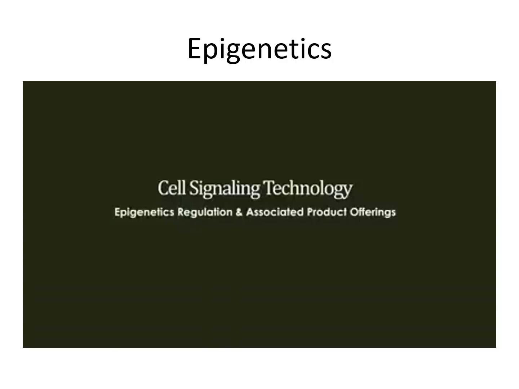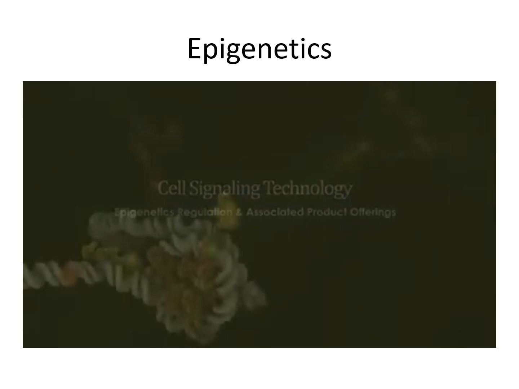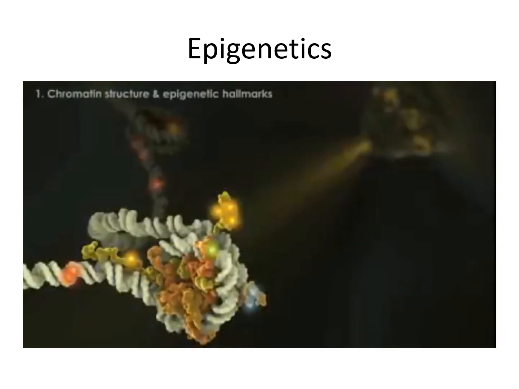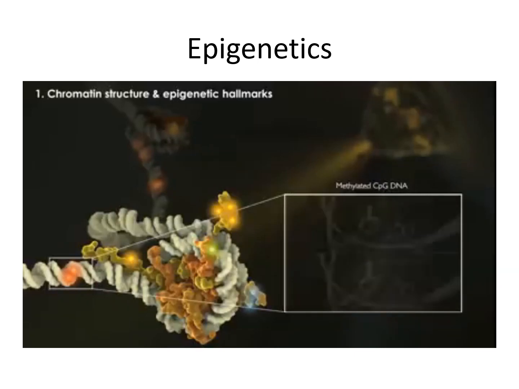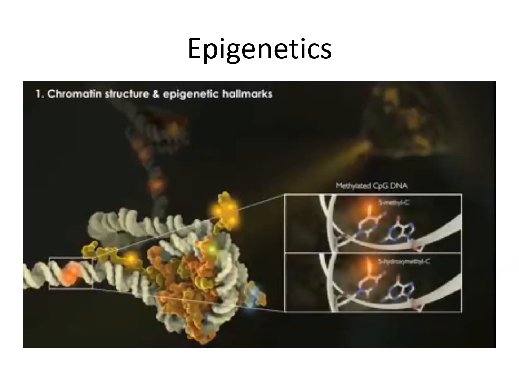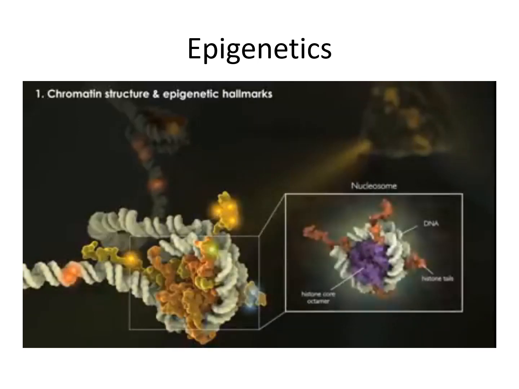And this is the video to show the epigenetic regulation and the associated product offering. Epigenetic regulation encompasses a number of different modifications to chromatin. These include methylation of the DNA on cytosine bases, a modification that can further be oxidized, as well as modification of the histone tails that emanate from the core of the nucleosome.